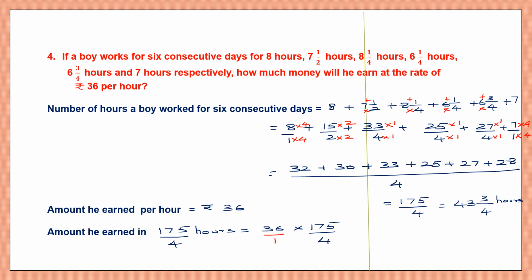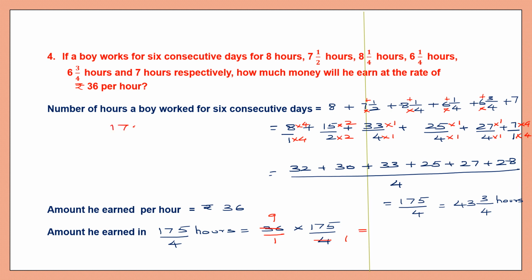Okay, so let's give this the denominator 1. So now this has become multiplication of fractions. So here we can cancel something. What is it that we can cancel? 4 and 36. 4 ones are 4 and 4 nines are 36. So now we have to multiply 175 into 9 and see what we get.